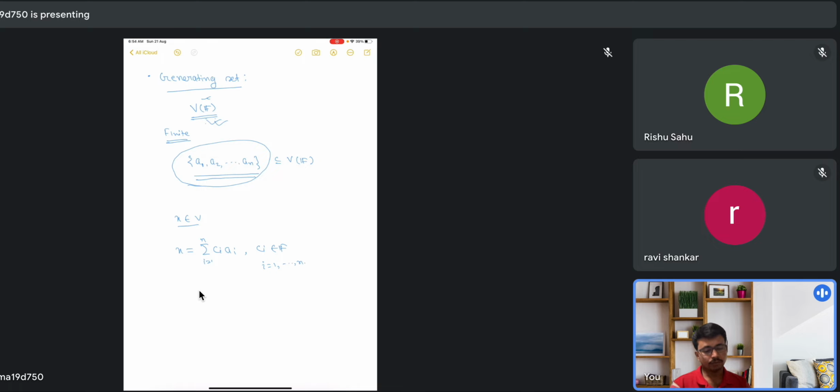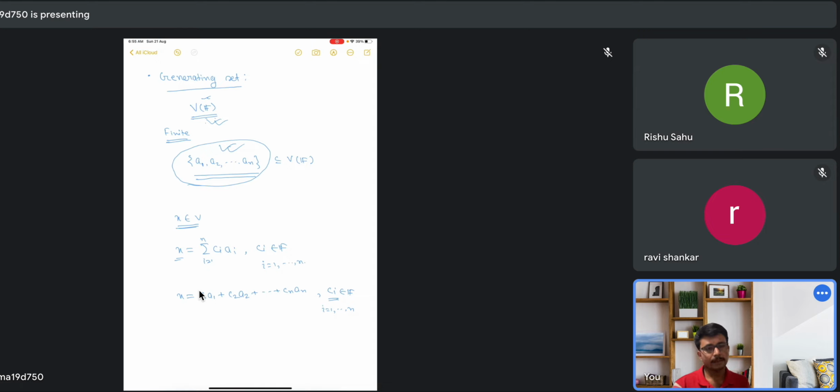At first we choose an arbitrary element x from V. Then we can write x as a linear combination of these sets: c1 a1 plus c2 a2 up to cn an, where all c i belong to the field F. The c i may be 0, non-zero, whatever, but they belong to the field.